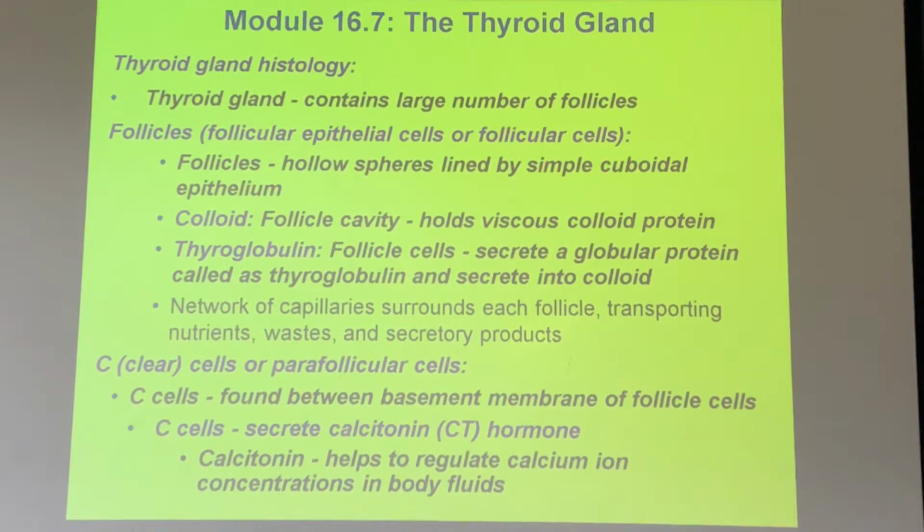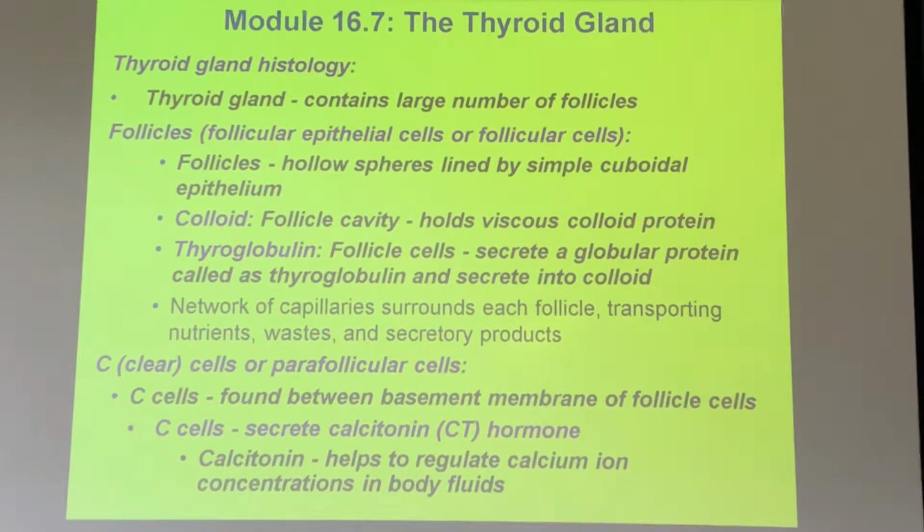And either simple or stratified, they have different shapes: squamous, cuboidal, which means cube shape. So this is surrounded by simple cuboidal epithelium, and the cavity holds the colloid protein.